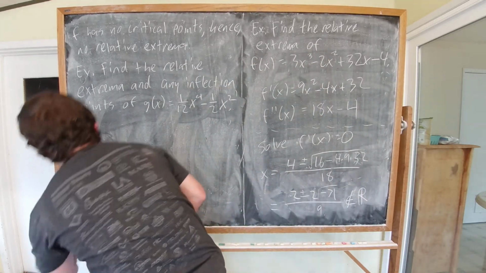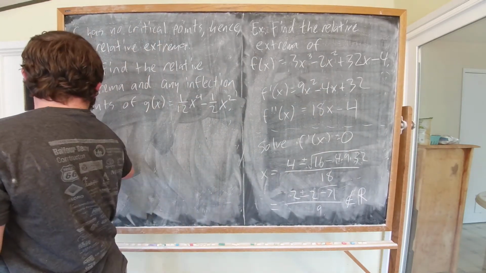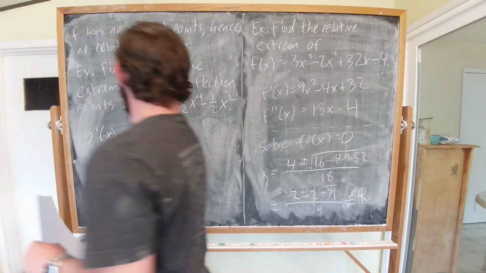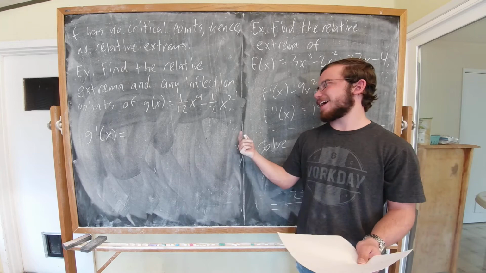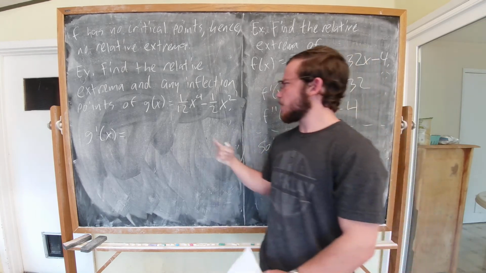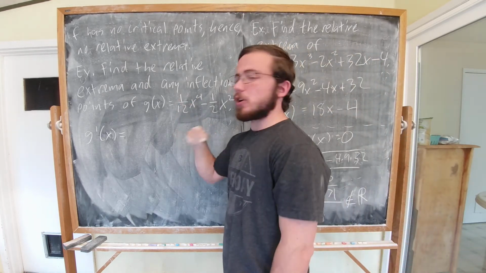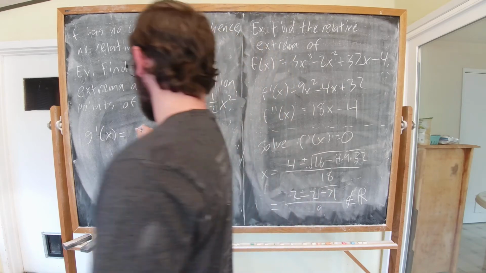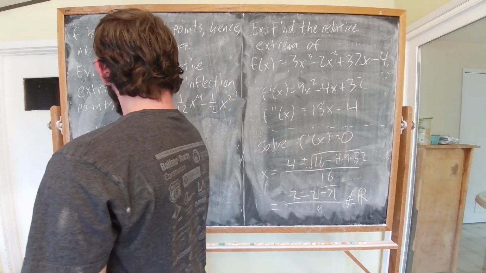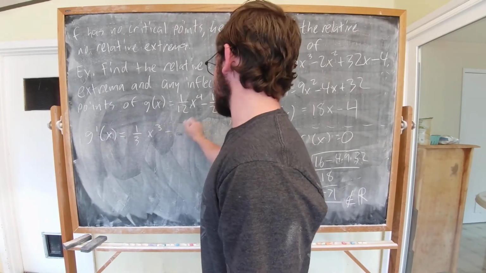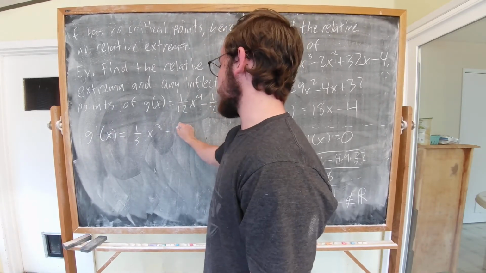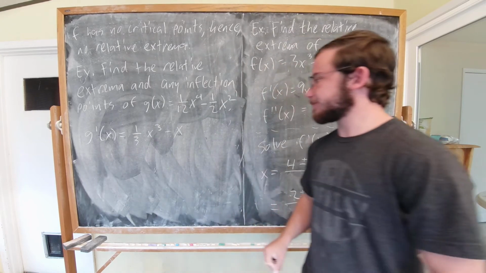Oh, yeah. Alright. So g prime of x, by the sum rule, power rule, and constant scalar multiple rule, we get 4 times 1/12, 4/12, which is 1/3 x cubed, minus 2 times 1/2 is 1, so minus x.